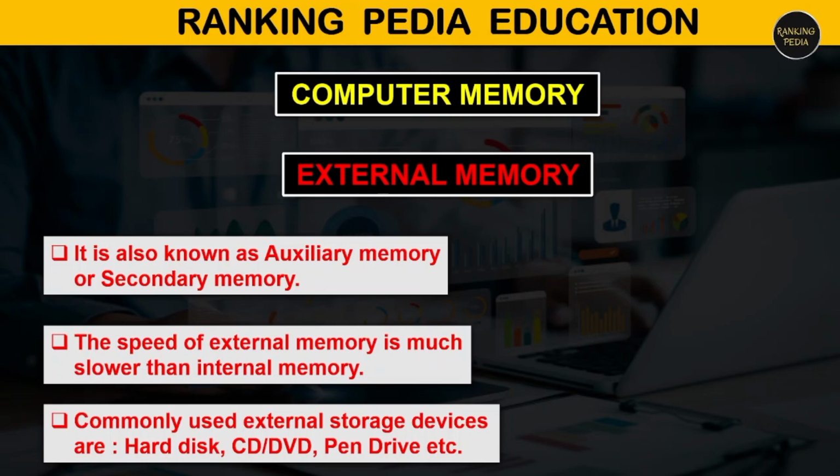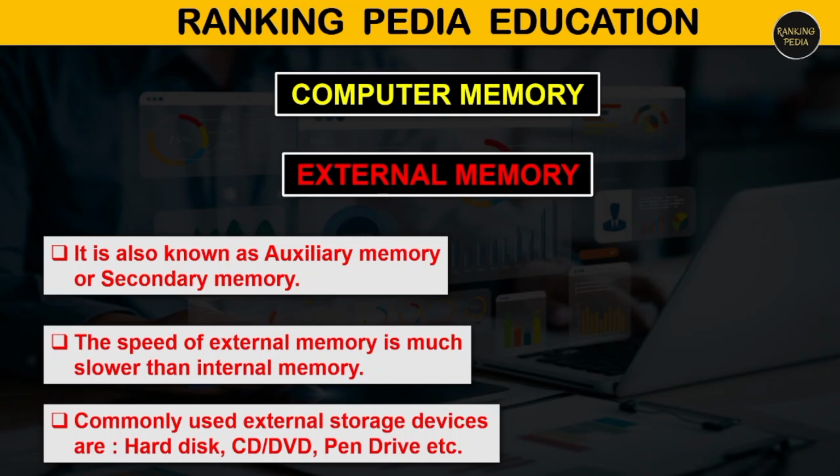Now why do we need external memory? Since the main memory is temporary and also expensive, it is inefficient to store a huge amount of data in it. Whenever we require data for processing, the data gets transferred from secondary memory to primary memory.